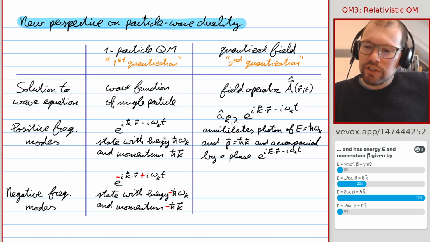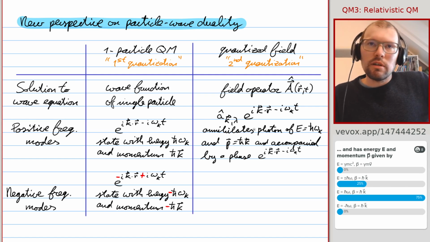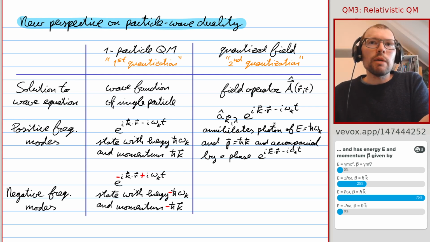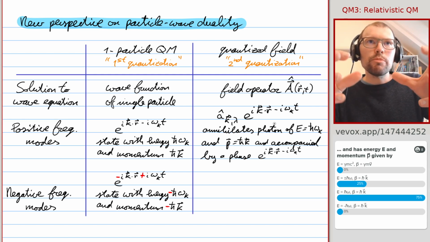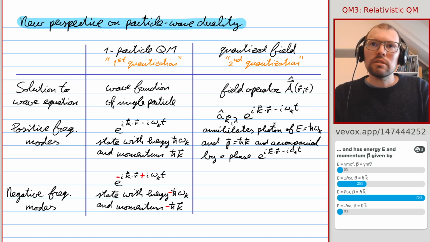So really, this is very similar to the one particle side. If I have a number of particles in this particular state, and this interacts, say, with your measuring apparatus, what your apparatus does is annihilate one of these particles, because that's the only way you can interact with the electromagnetic field.